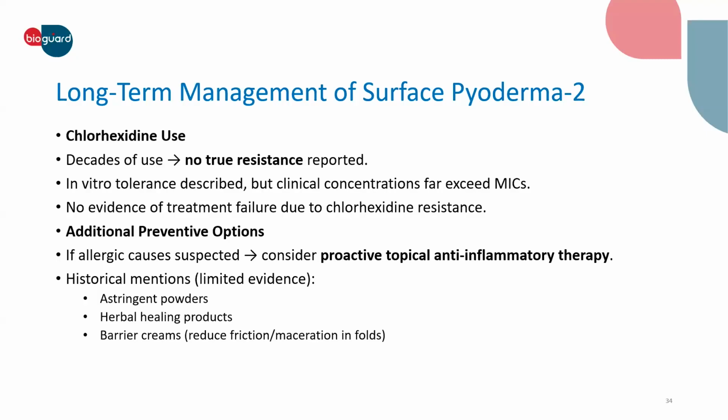So far, there is no evidence of treatment failure due to resistance to chlorhexidine. As an additional preventive option, if an allergic cause is suspected, we can consider proactive topical anti-inflammatory therapy.